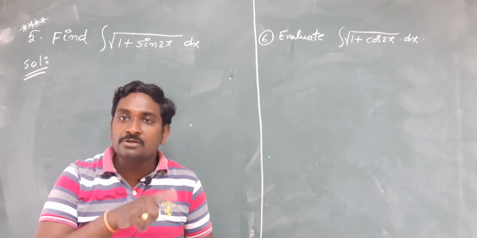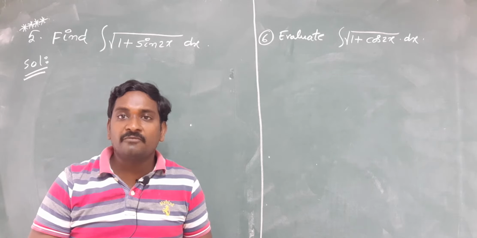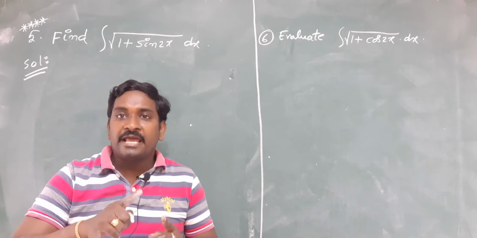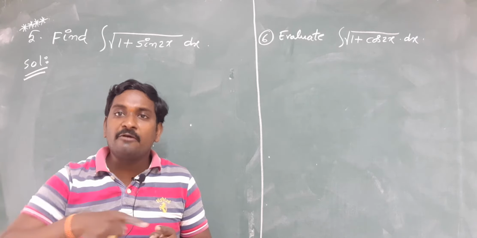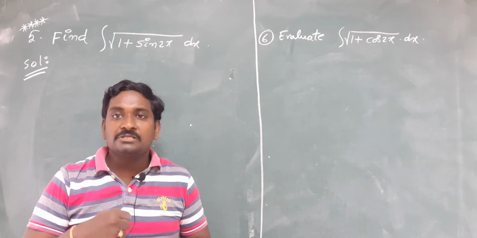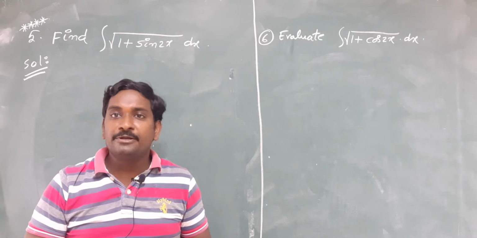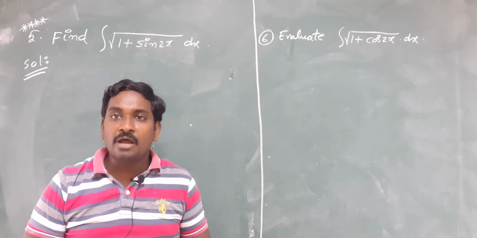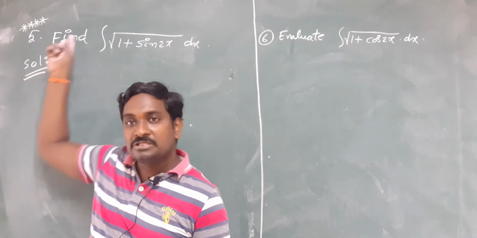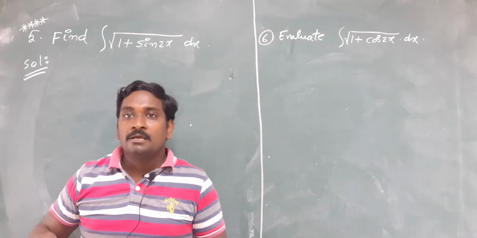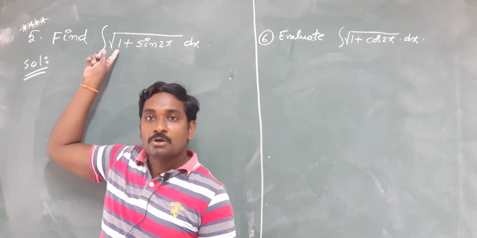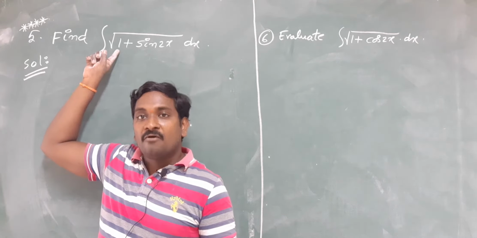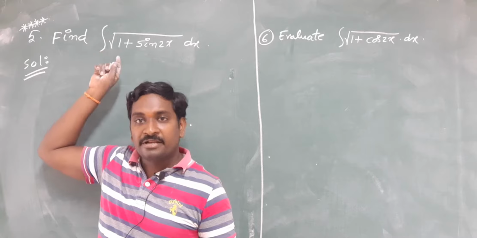If it is integration root x dx, it can be written as x power 1 by 2 dx, x power 1 by 2 plus 1 by 1 by 2 plus 1, so simply x power 3 by 2 by 3 by 2 plus c. We are unable to apply that formula to this one because the base is not x, so you should apply the formulas on trigonometric functions.